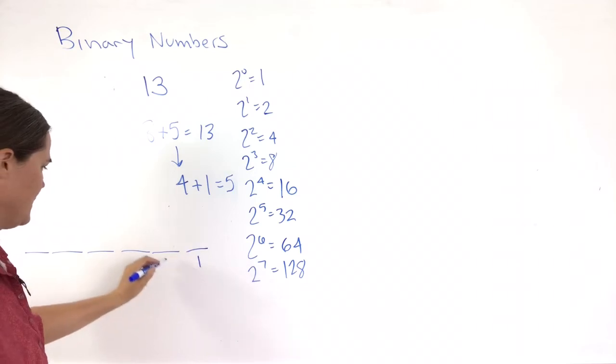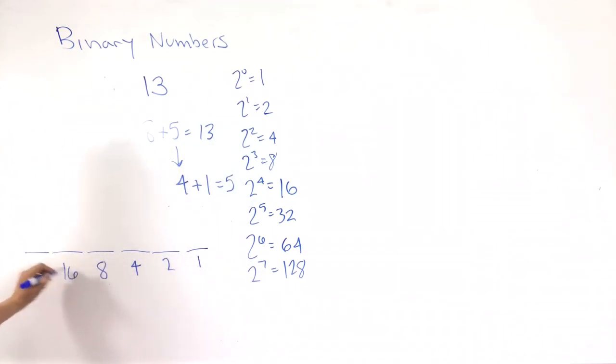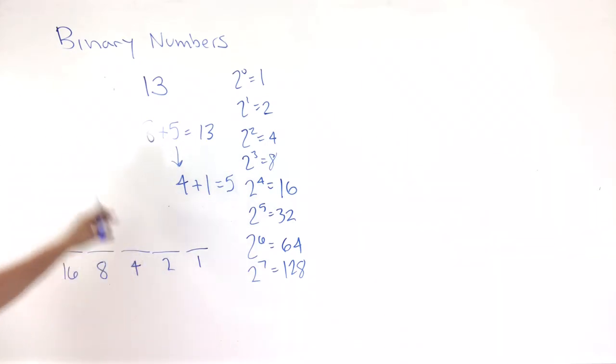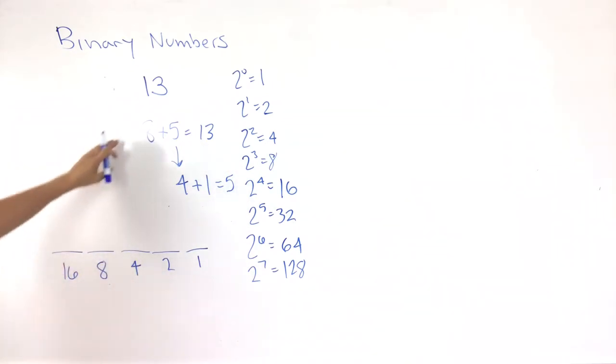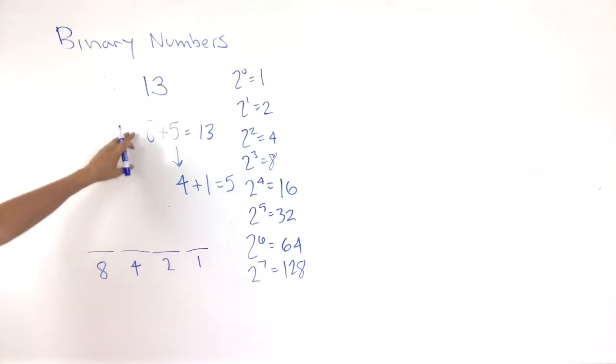So this is the 1, 2, 4, 8, 16, 32. And we don't actually need 32, I guess. So this would be 5 bits. And we don't need the 16 either. So let's just say this is a 4-bit number, I guess.